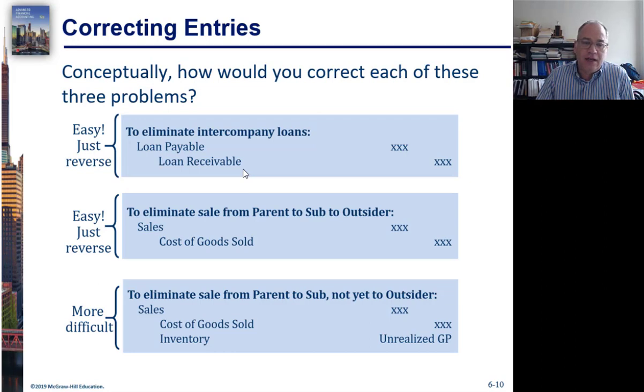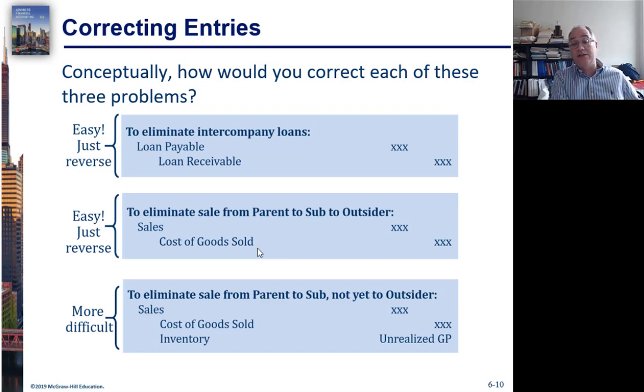If you had a sale from a parent to a sub, and then the sub sold to an outsider, you would debit sales and you would credit cost of goods sold to eliminate that sale, because really two sales took place. There was the sale from the parent to the sub, and then the sale from the sub to the outsider.